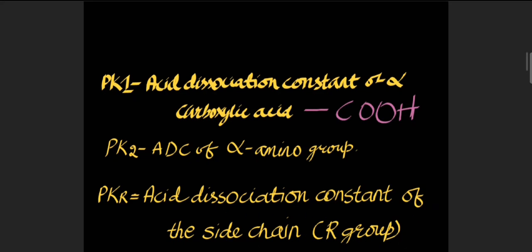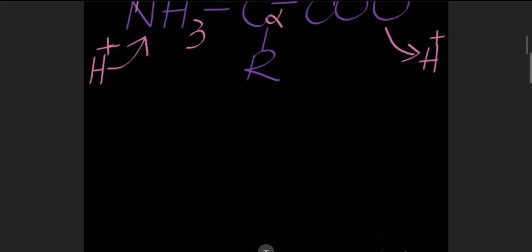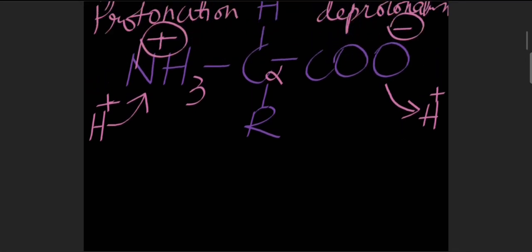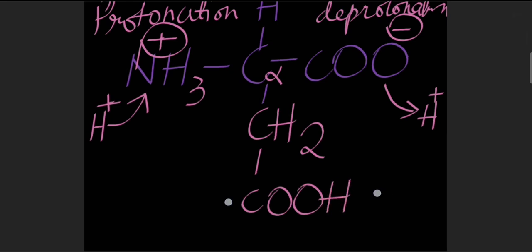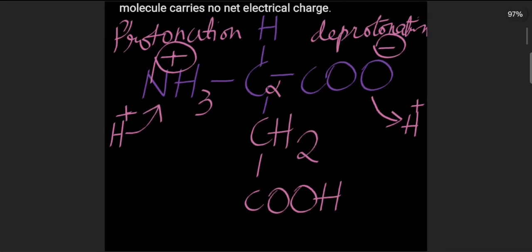Now you must be wondering, what exactly is this pKr value? Let me give you an example. For example, if instead of R it was CH2 and C double bond OH, this is aspartate or aspartic acid. This is the R group.